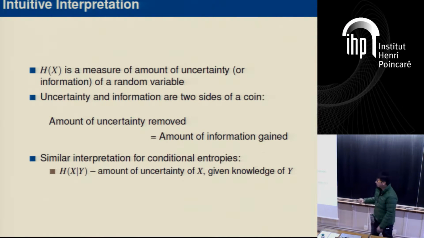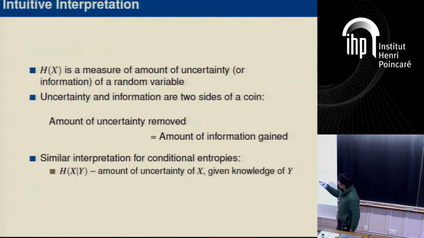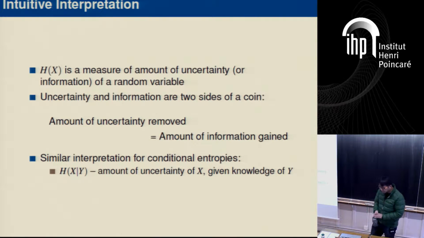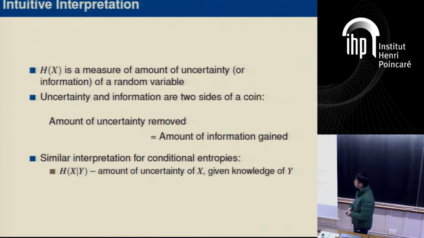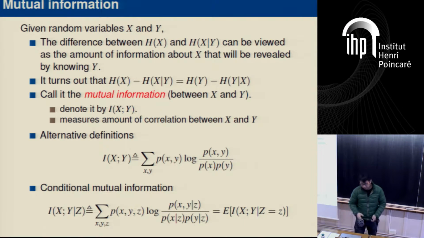So you can think the amount of uncertainty that has been removed is equivalent to the amount of information that you have gained by knowing the value of X. You can do a similar interpretation for conditional entropies as well.